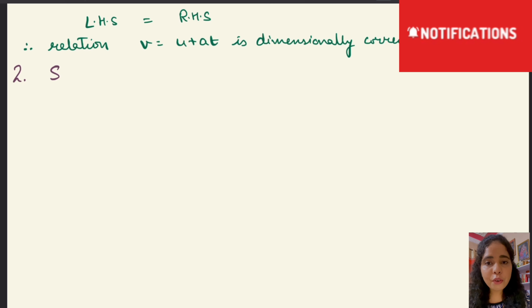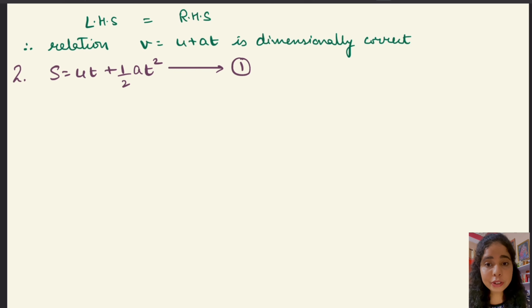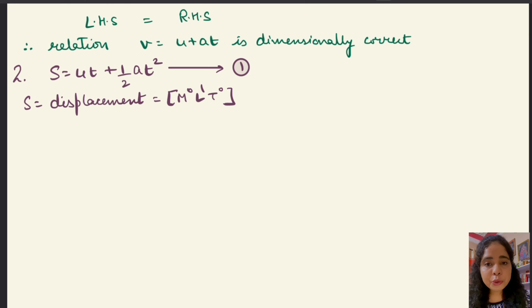Now we will check the correctness of the other relation, that is s is equal to ut plus half at square. Although we know that this is already a correct equation, we can determine its correctness with the help of dimensional analysis. So we need to understand what the various terms represent. s represents displacement, u stands for initial velocity, a is the acceleration, and t is the time.